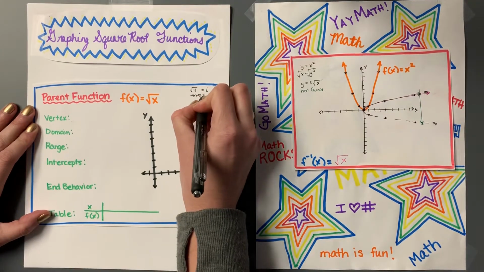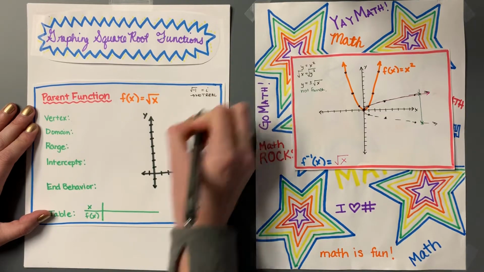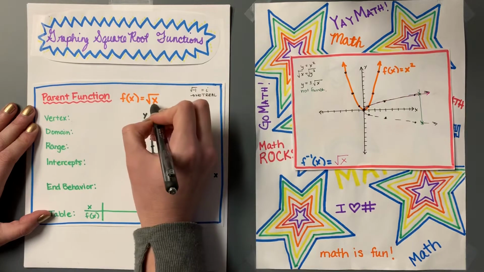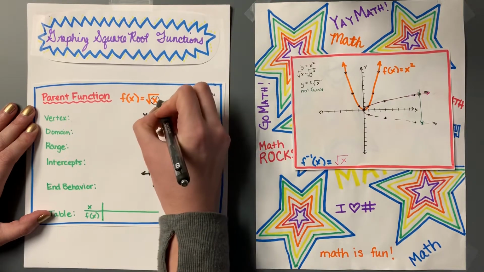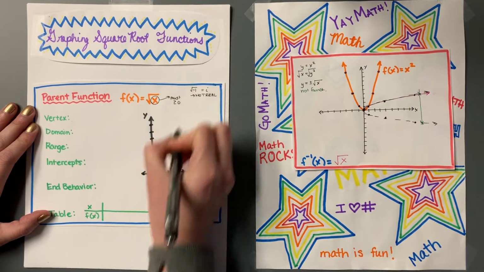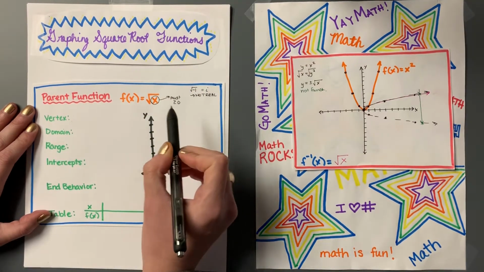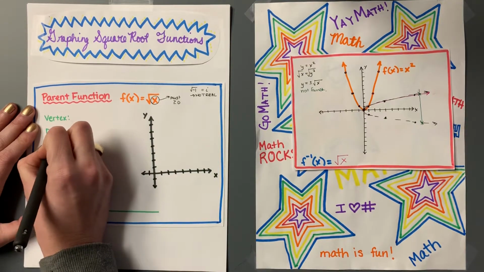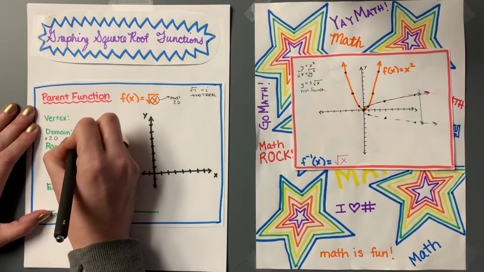This is not real, and we are only interested in dealing with real numbers. Therefore, whatever is underneath the square root must be greater than or equal to 0. This is what gives us a domain restriction.